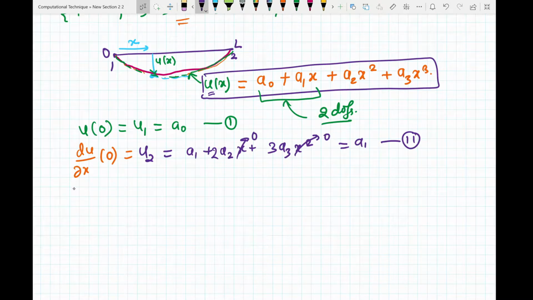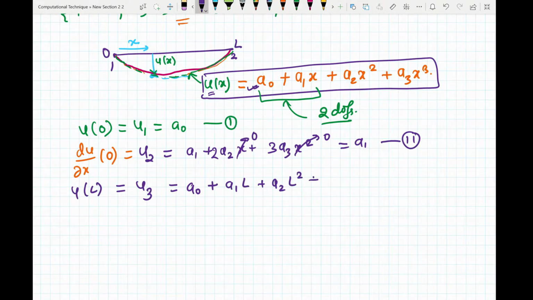Now the third boundary condition is u at L equals u3. Now if you substitute L here, then what you get is A0 plus A1L plus A2L squared plus A3L cubed. That's our third equation.